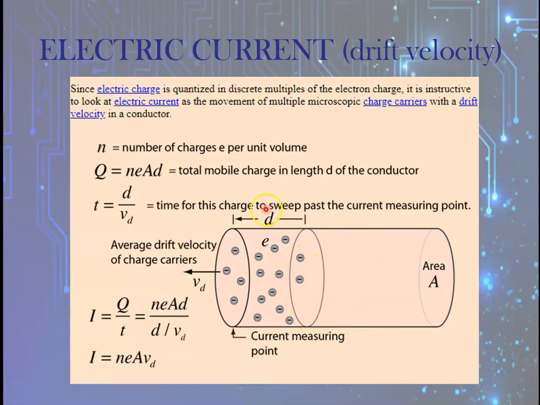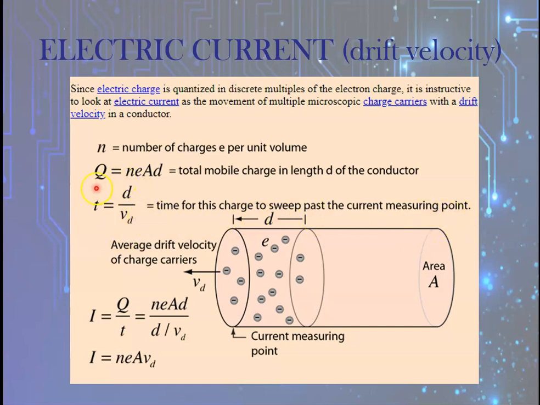We know that velocity is equal to distance divided by time. When we rearrange that equation, we get the time for this charge to sweep past the current measuring point.